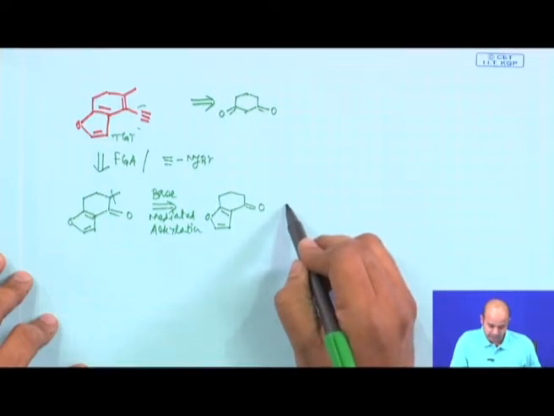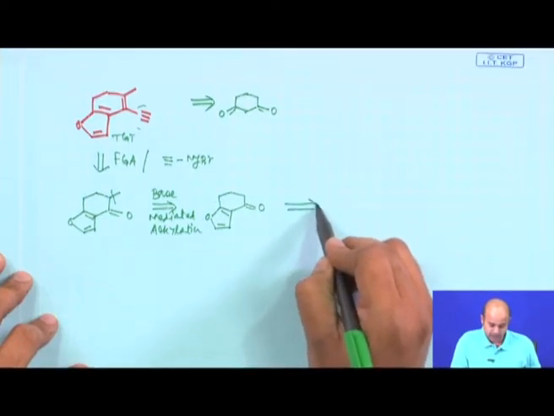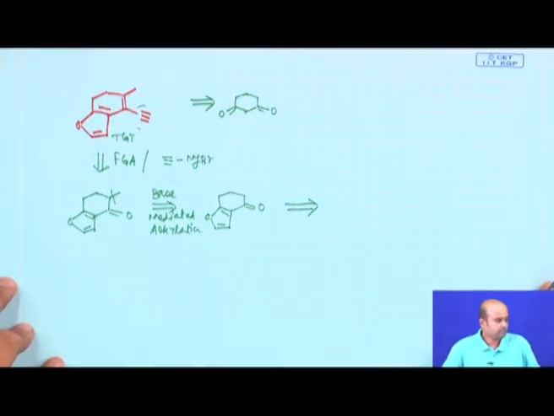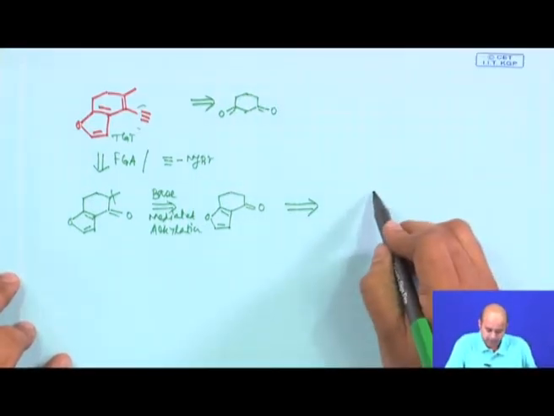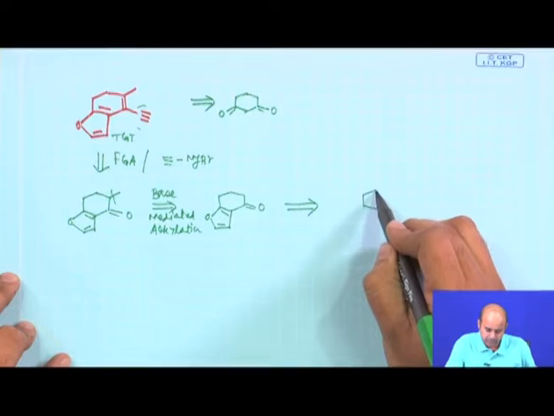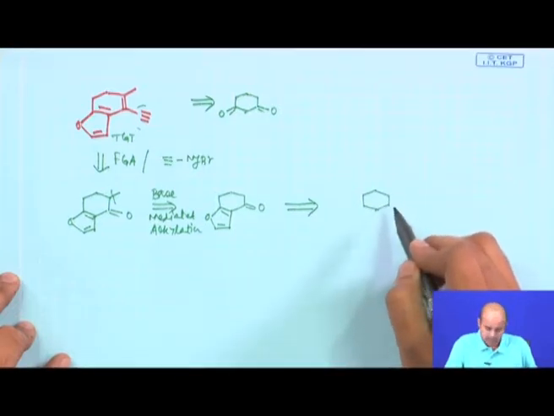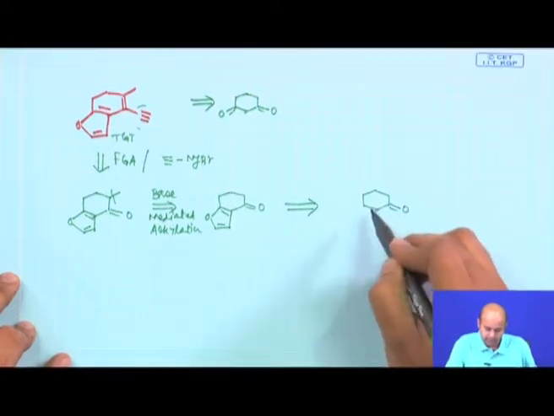Fine. Now, we will try to construct the furan ring. Now, the furan ring was thought to be made in this way.